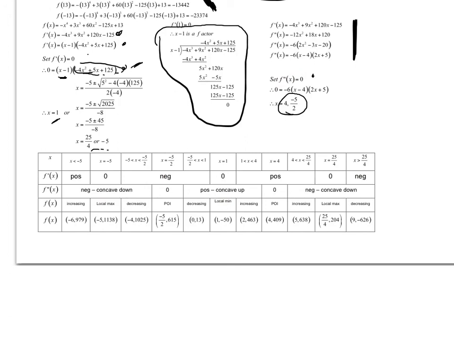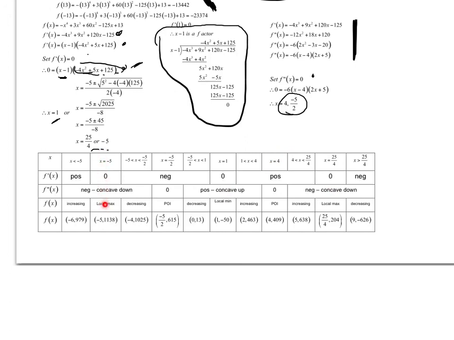And then right here we're doing our second derivative test. So those are centered around these x values, here and here. You do a test point, negative, it's concave down, positive concave up, negative concave down. And there you go, and you have all your points all nicely arranged right there.